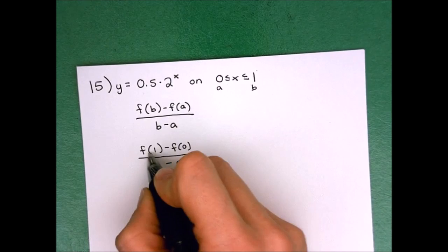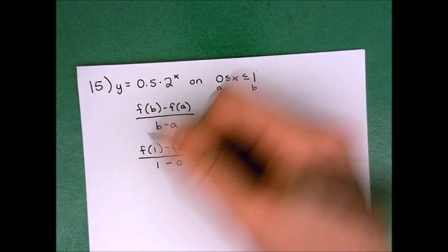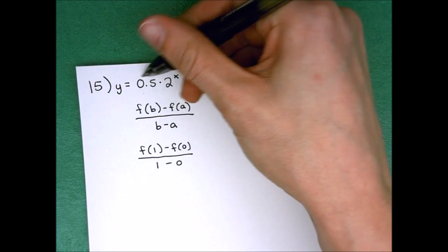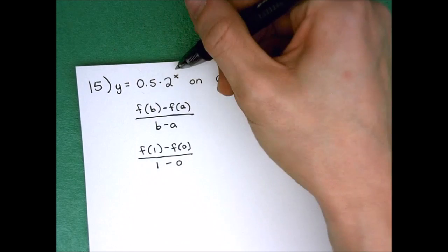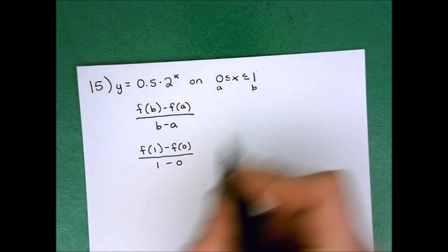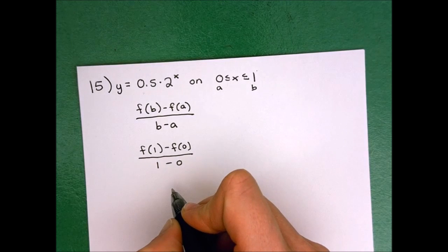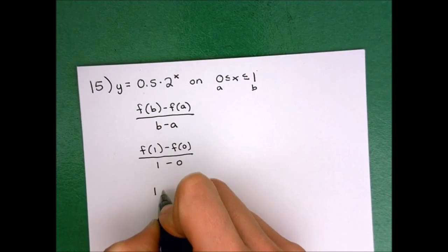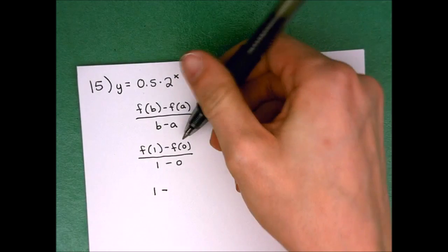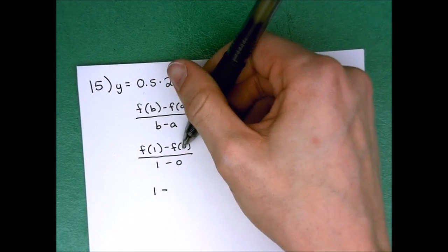Okay, so the f of 1 is when I take that 1 and I plug it in for x. So I'm going to have 0.5 times 2 to the first. And 0.5 times 2 to the first is 1. And then same thing here, we're going to take this 0 for x, put it in.